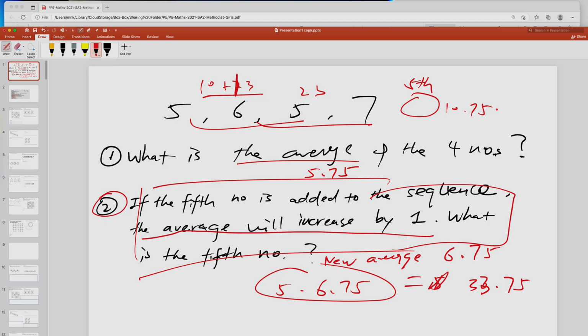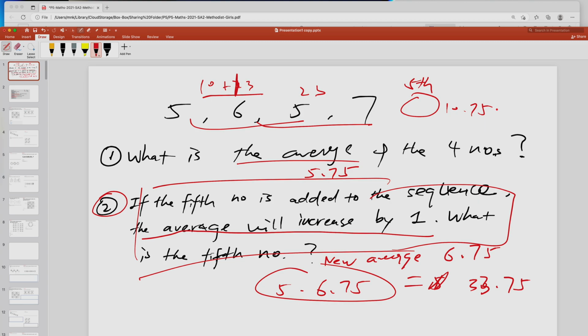Okay, so first you find out what's the average first. And then the second question is if the average is increased by 1, so this is the old average, 旧的. So new average will be increased by 1, so you just plus 1 to this one. Then that will be 6.75, right? So now the new average is 6.75. So how many numbers are here in this case? 5 of them.